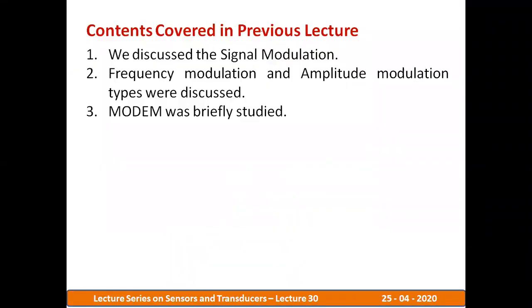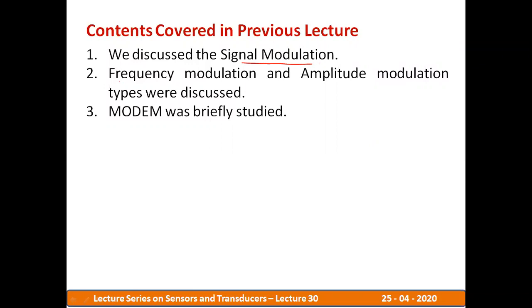So in the previous lecture, we discussed signal modulation. We understood that signal modulation is required when we want to transmit a low frequency signal to a very long distance, right? There are mainly three types of signal modulation.